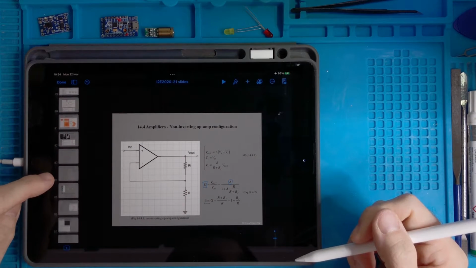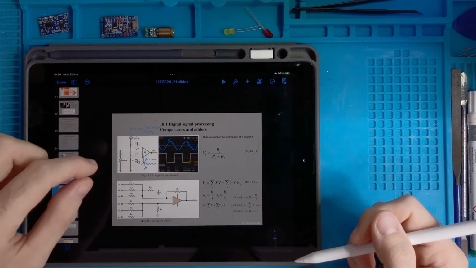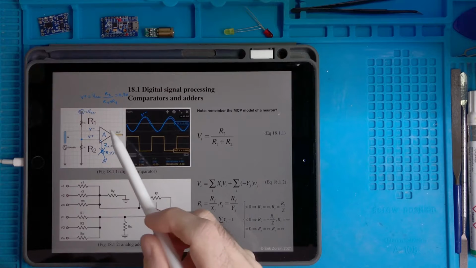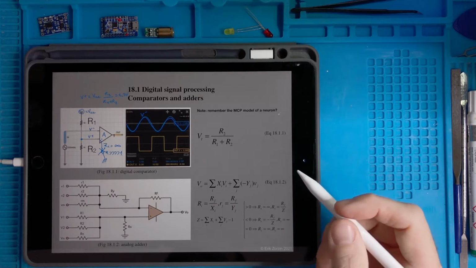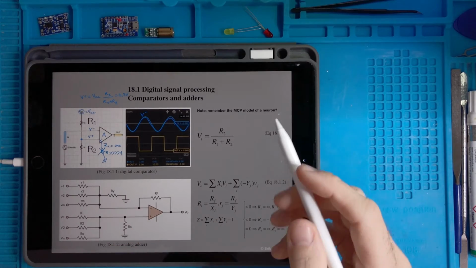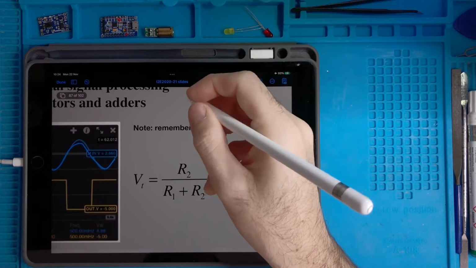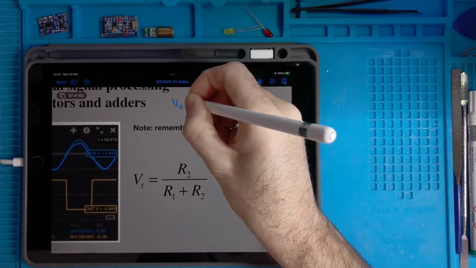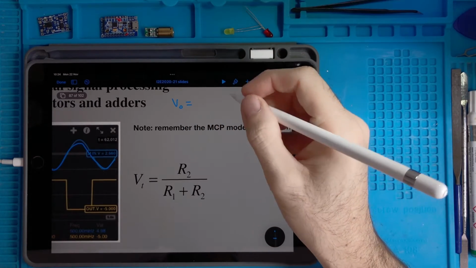And we can realize that here in this circuit we don't have feedback connections. So the equation of this thing is that the output, let's call it V output, would be equal to the difference between V plus and V minus.